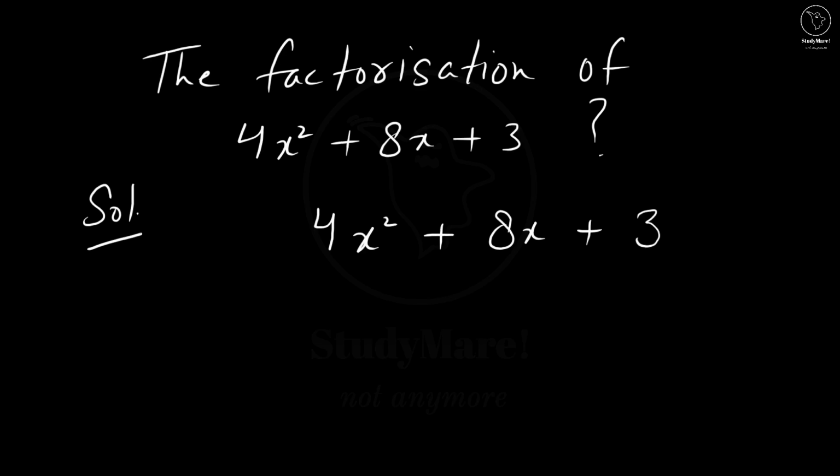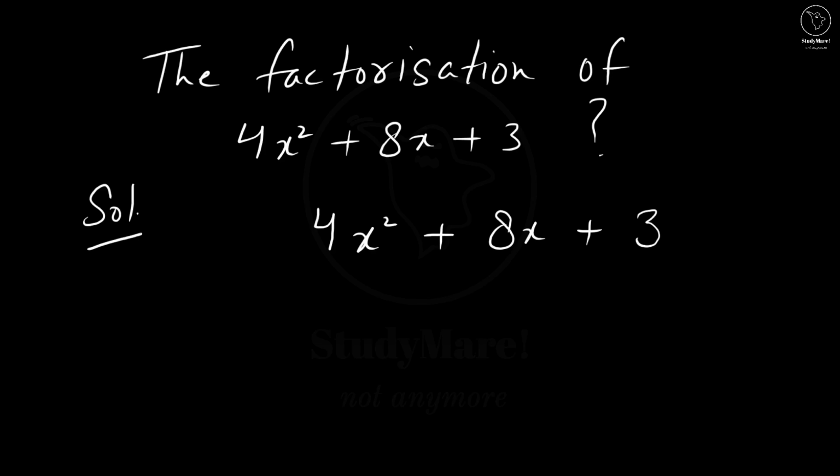Now, I have seen students finding it so difficult to split the middle term. They don't know how to split or what will be the two terms that we get. So that is what I am going to help you understand how to get it.